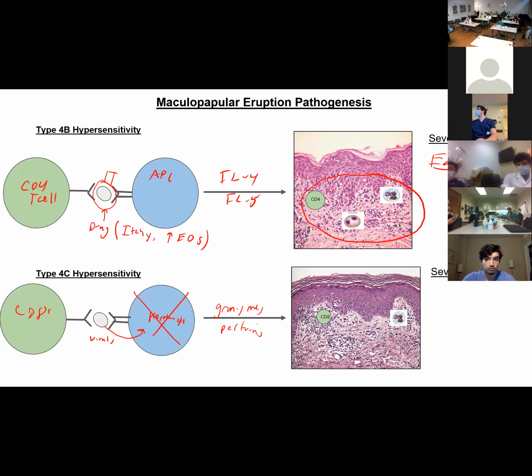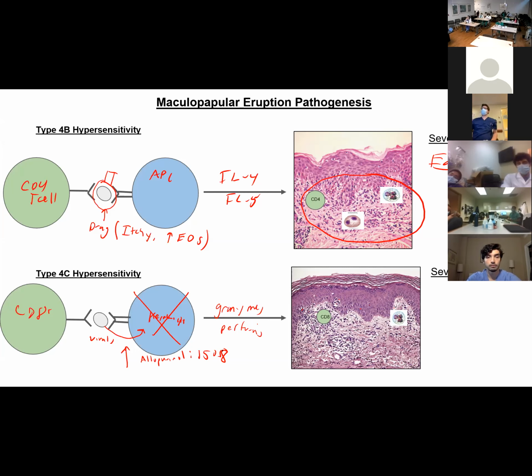The other thing I like about going over the pathophysiology is it makes you think about why certain HLA subtypes predispose patients to these hypersensitivity reactions. There are a few of them that we know. One of them is allopurinol, and specifically it was HLA-B*5801.